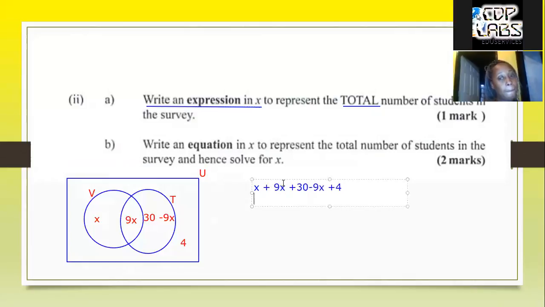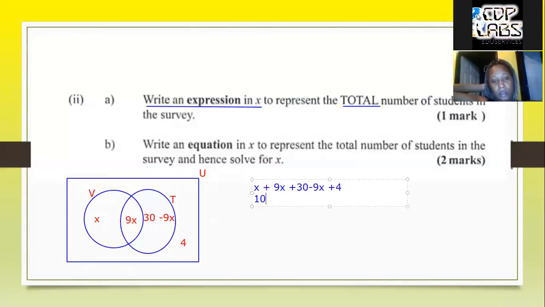Alright. So we're going to apply some algebra now. X plus 9x will give us what? When you add x to 9x, how much x again? 9x plus x is how much? 9x plus x is 10x.